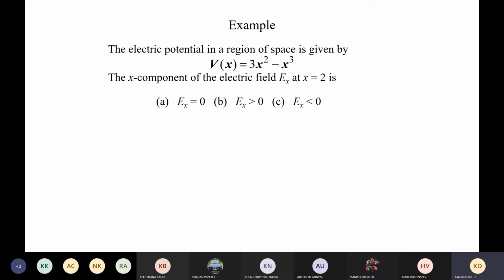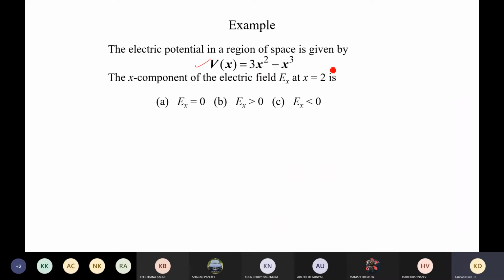And here is a simple example of how to calculate the potential gradient, and therefore the electric field. In a particular region, a potential distribution everywhere in the given space is given with an expression, and here it is one-dimensional.